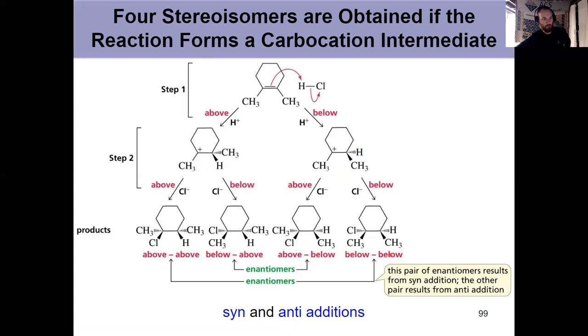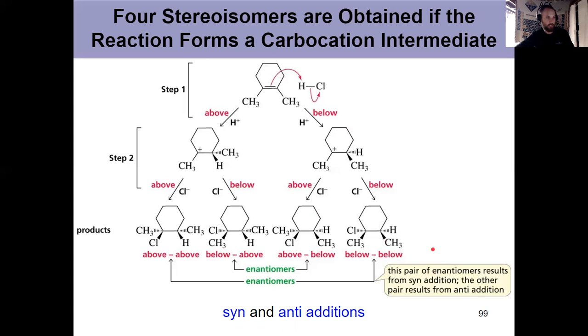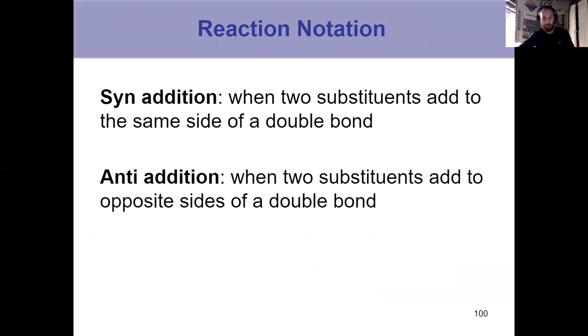And each one of those corresponds to the 4 combinations of R and S. You can have RR, RS, SR, or SS. So that's why you get 4 possibilities, because these could occur via syn or anti additions, which are key vocab words from chapter 6.